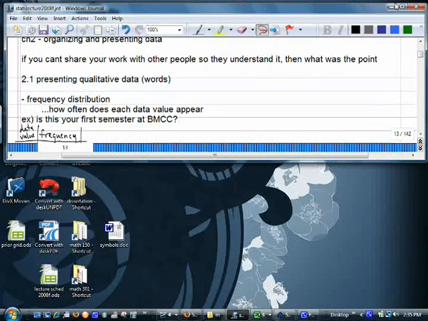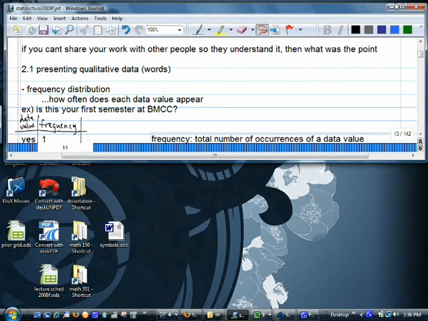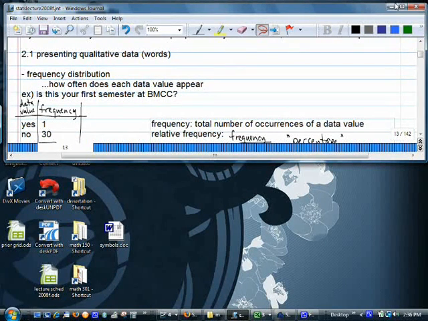So the possible data values are yes and no. Thank you, G. Okay. So for yes, what was the frequency? The frequency was 1. And then for no, the frequency is going to be 30. That's it. This is, albeit a very simple one, but this is a frequency distribution.